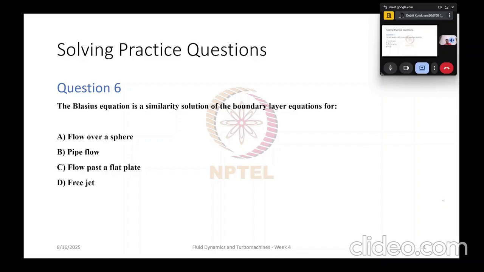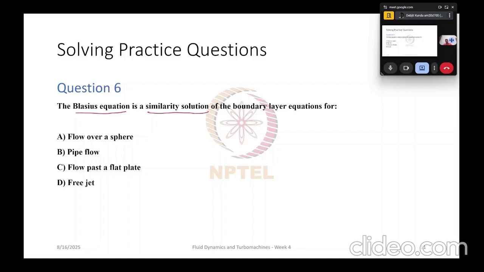So the Blasius solution is one of the most crucial solutions to the boundary layer, and the Blasius equation is a similarity solution. So these are things we went through in the lectures. So what is a similarity solution and how to find one?